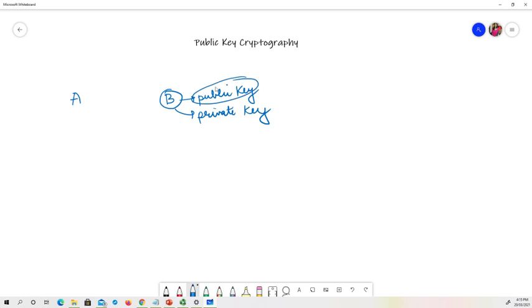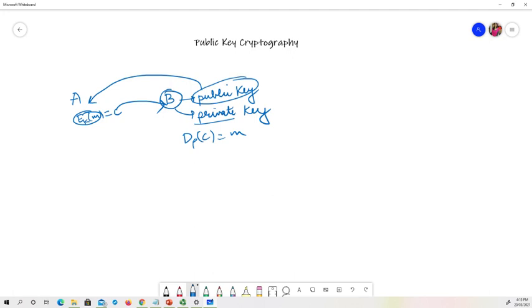That public key would be used by Alice to encrypt the message, which generates the ciphertext. Bob can then apply the decryption algorithm with the private key on this ciphertext in order to generate the message. And that is what we had discussed in the last class.